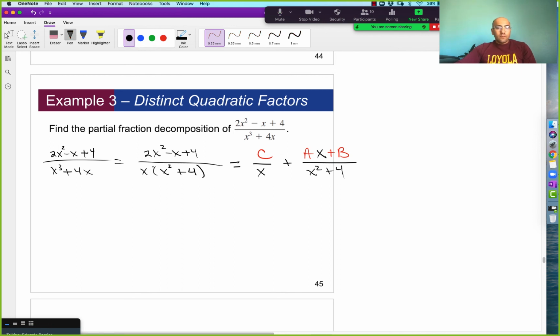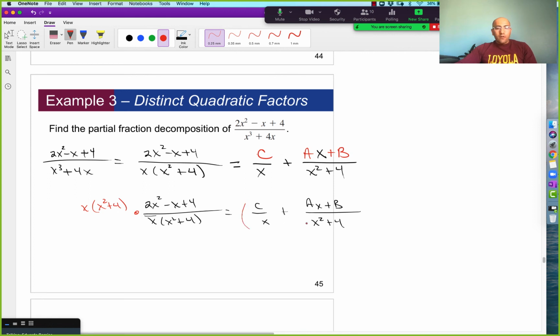No? So just keeping the part I want to work with, we have this minus this plus this all over this equals c over x, plus ax plus b all over x squared plus 4. Now I'm going to multiply both sides of the equal sign by x times x squared plus 4.